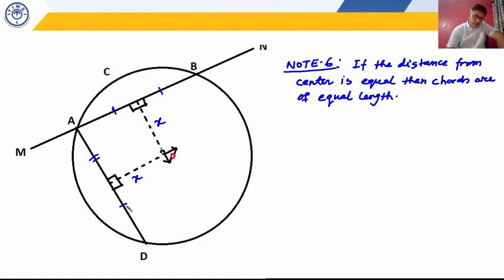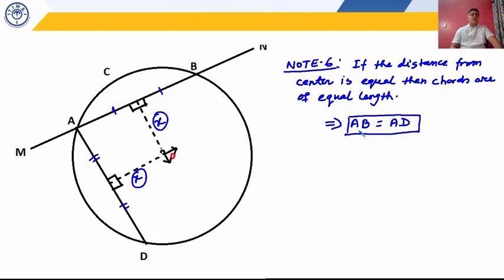The perpendicular bisector always passes through the center. If the distance from the center is equal, if this is x and this is x, then this implies that AB is equal to AD. So if the chords are of equal length, then the distance from the center is equal, or the other way around.